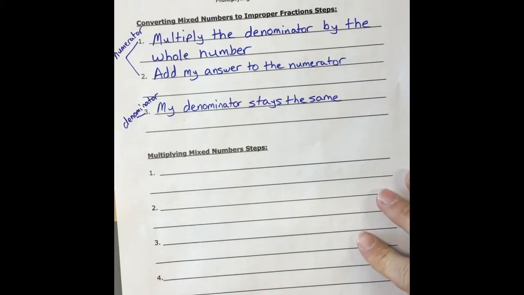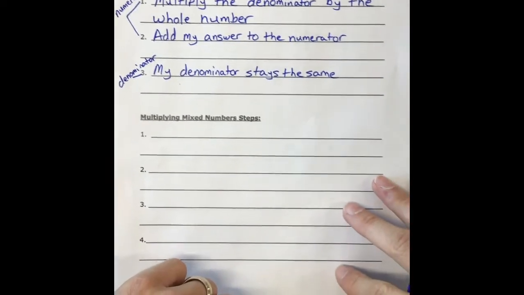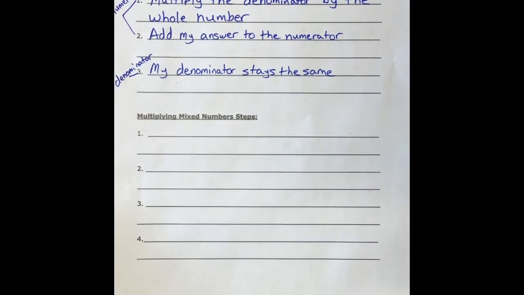Okay, now that we know how to do that, we're going to go through the steps for multiplying a mixed number, okay? And then we'll do a couple of examples, and it might make a little bit more sense as we go through the examples, but let's try to just take the steps first.